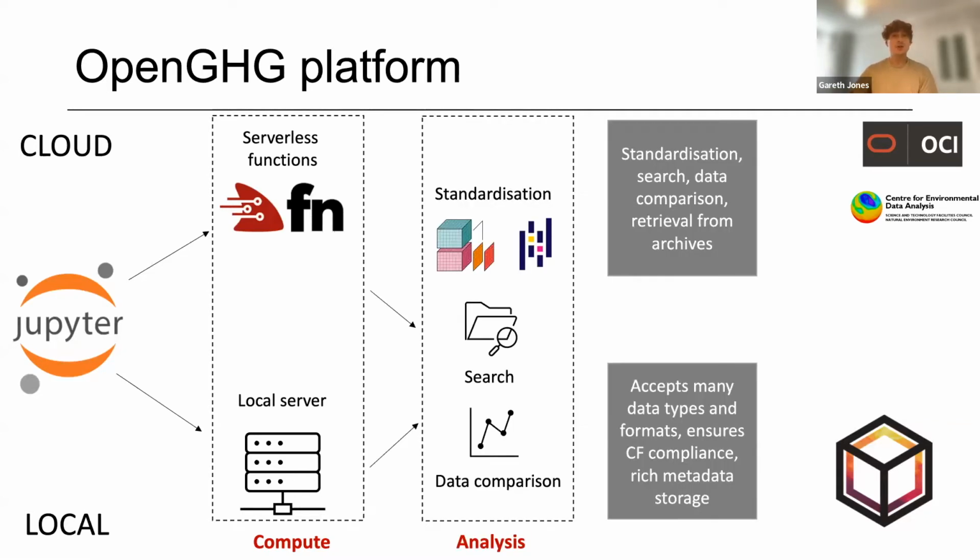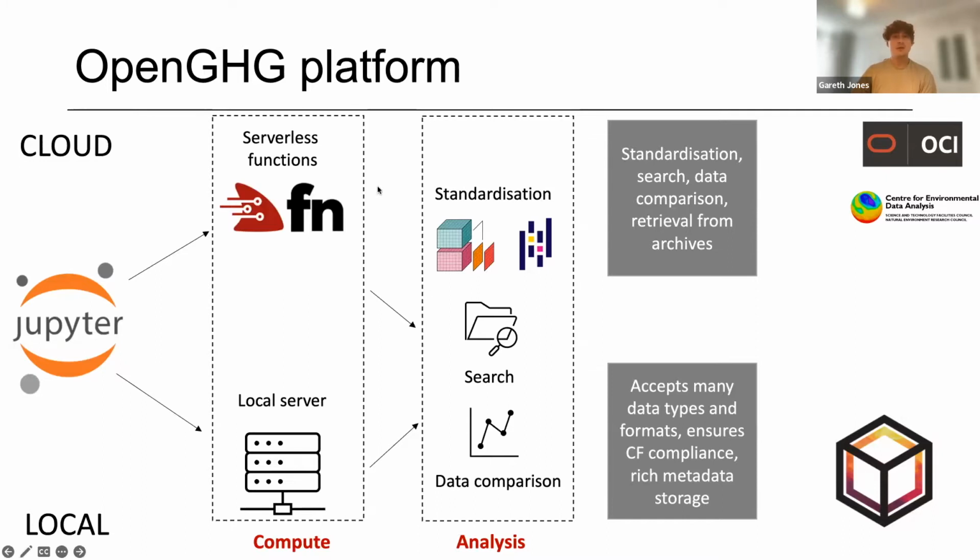Behind the scenes, we have quite a few different sorts of modules within the OpenGHG library. So we have standardization, searching, data comparison, and different workflows for working with lots of different types of data.